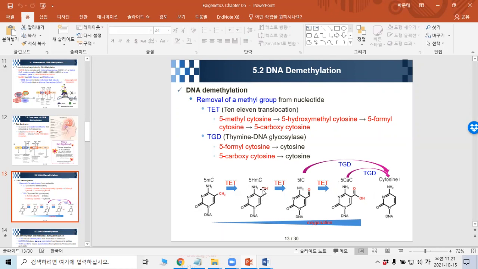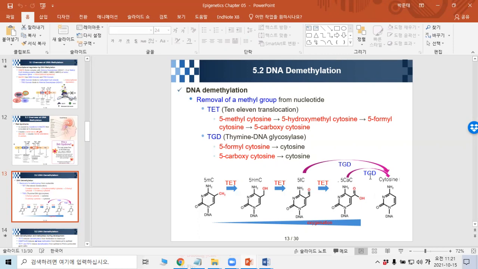After that, this OH is further oxidized. So they will make the carbonyl group, C double bond O, like this. We call it 5-formylcytosine. So finally, TET will make a carboxyl group, more oxidized. 5-carboxylcytosine is like this.